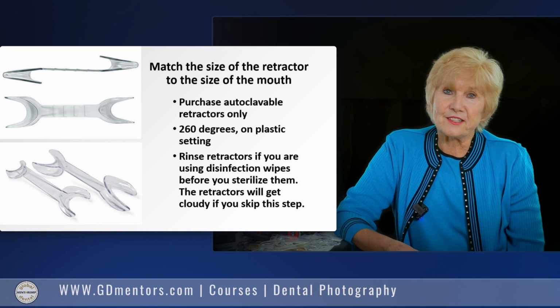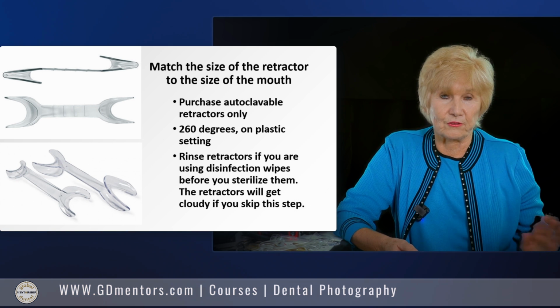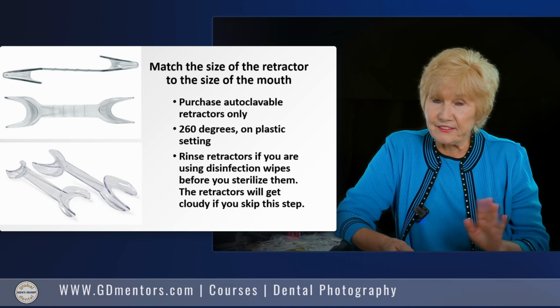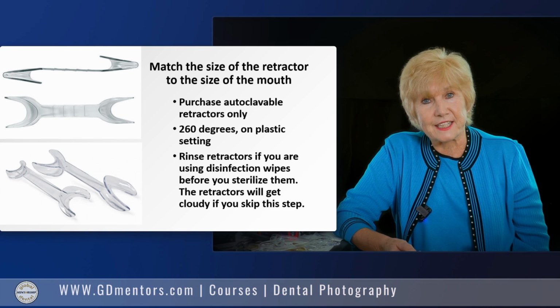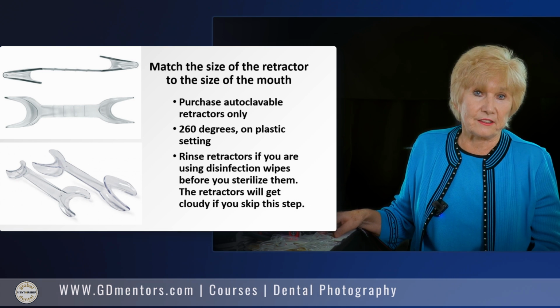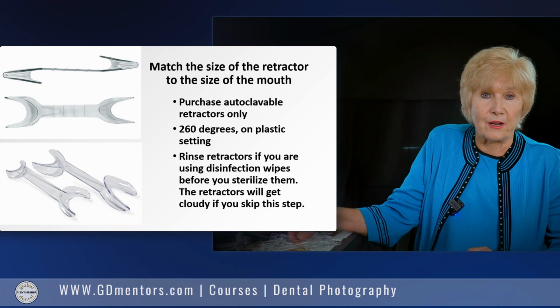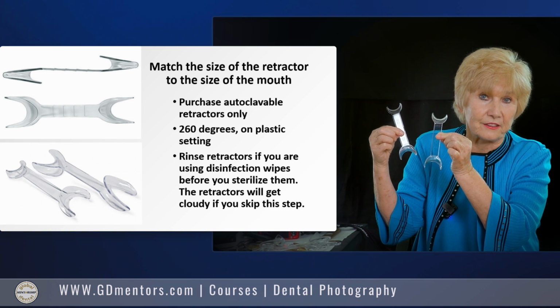The retractors that we're using are as important as your cameras, as anything else when you're doing dental photography. You have to match the size of the retractor to the mouth. Now we have a number of retractors in dental practice, and the only ones that I purchase are double-ended retractors.